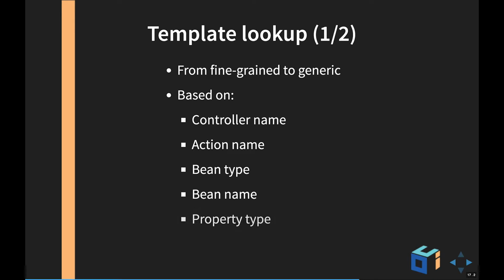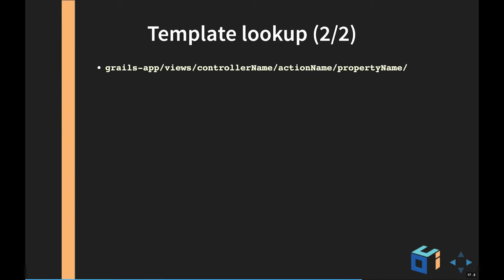It's based on controller name, action name, bean type, bean name, property type, and property name. So it's actually very thorough. I think the usual field lookup checks between 18 and 20 folders for each template.